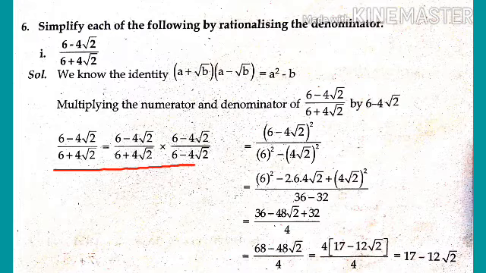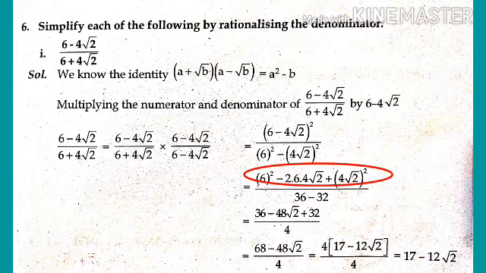That is 6 minus 4 root 2 by 6 plus 4 root 2 into 6 minus 4 root 2 by 6 minus 4 root 2. That is equal to 6 minus 4 root 2 whole square by 6 square minus 4 root 2 whole square. In the numerator part, we apply a minus b whole square.